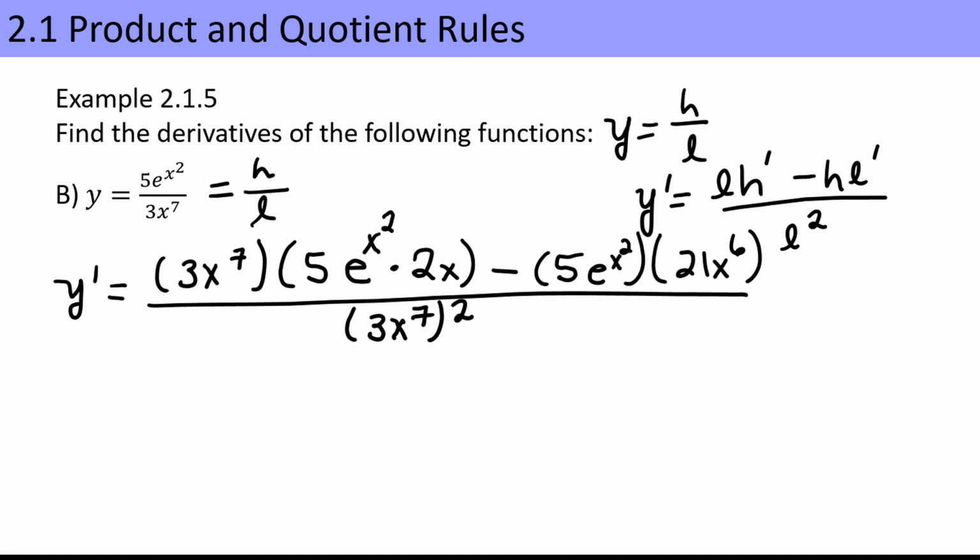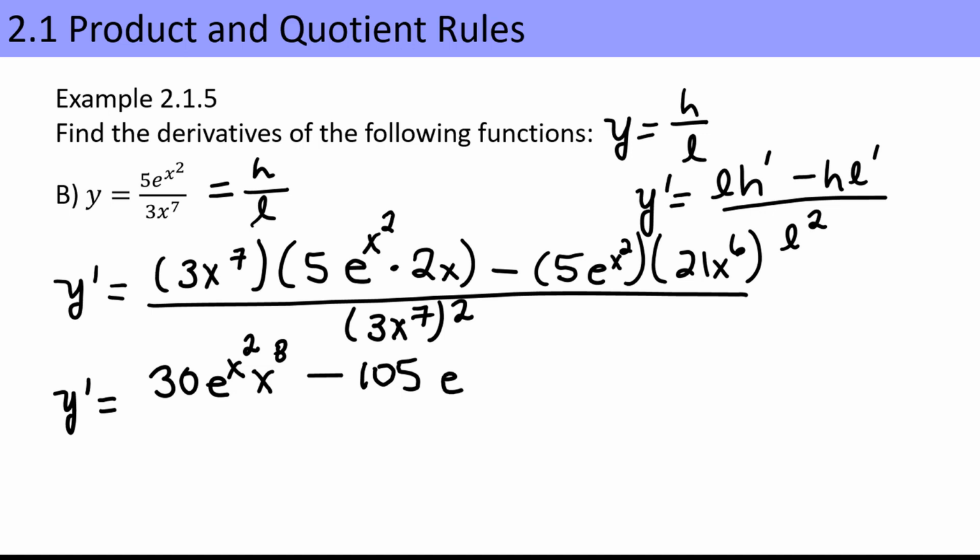Let's clean that up a little bit. So we got y prime equals 3 times 5 is 15. 15 times 2 is 30. We have e to the x squared. Then we have x to the 7th and an x, so that'll be x to the 8th, minus, we have 5 times 21, that's 105.